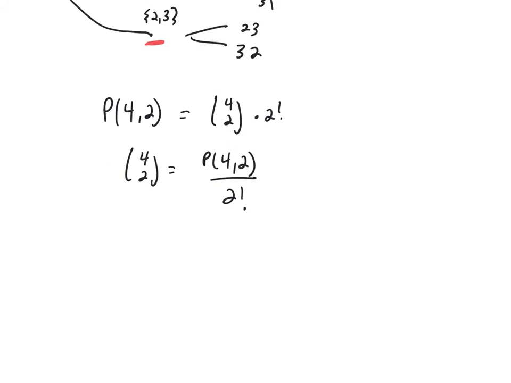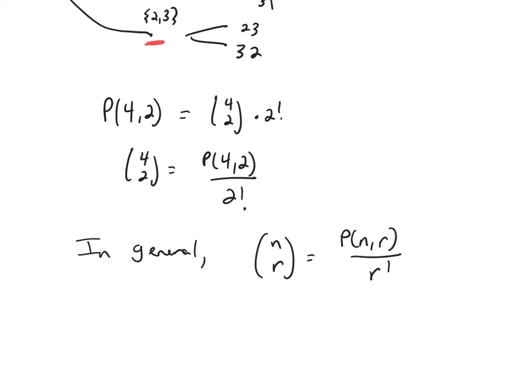Now, we did this for a specific value of n and r. n was 4 and r was 2, but in general, this formula is true. So n choose r is P(n,r) over r factorial.